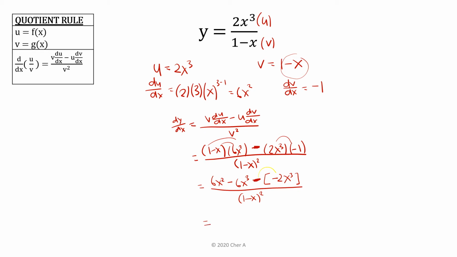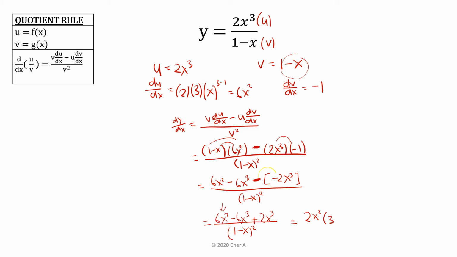Okay, back to simplifying. So I'll have 6x squared minus 6x cubed plus 2x cubed over 1 minus x in bracket squared. So in the numerator, I see that I can factorize 2x squared out. When I factorize 2x squared from here, I'll be left with 3.